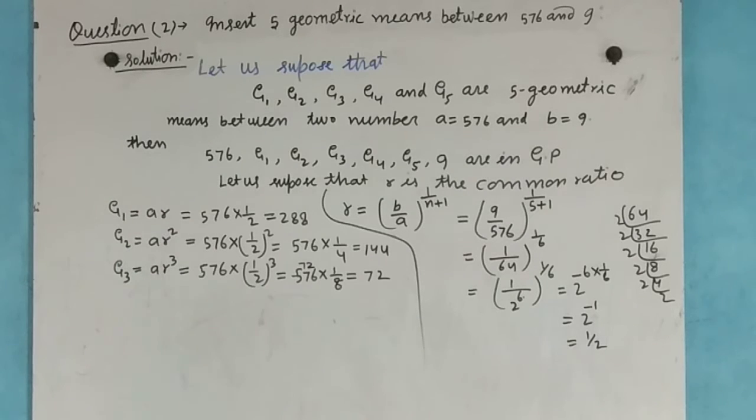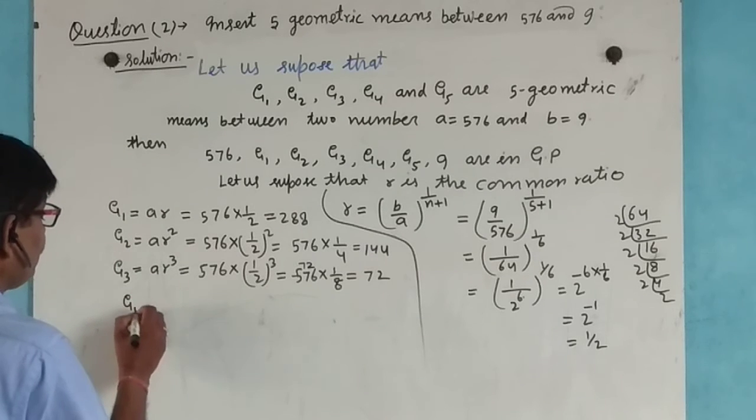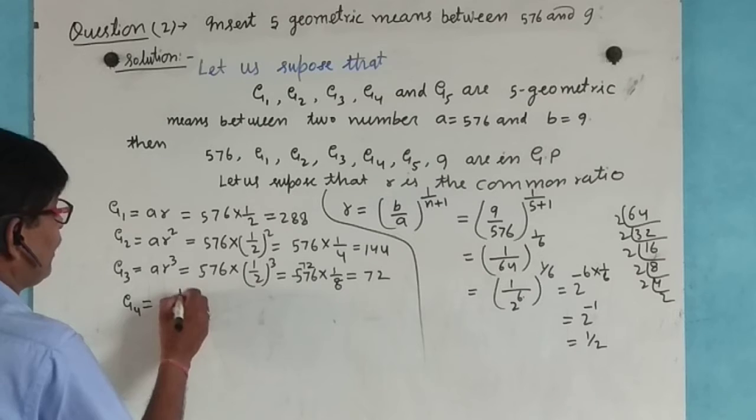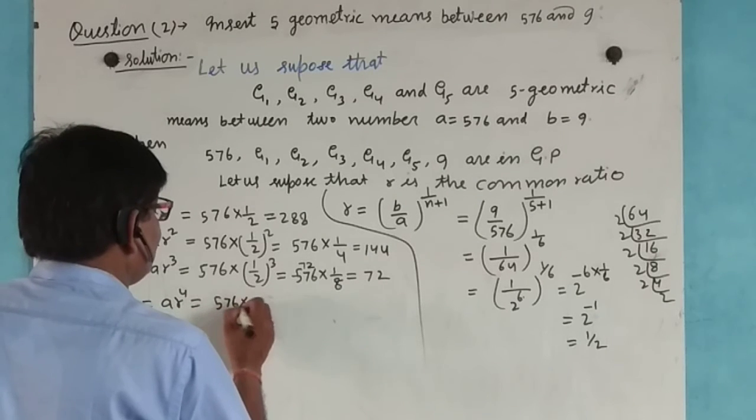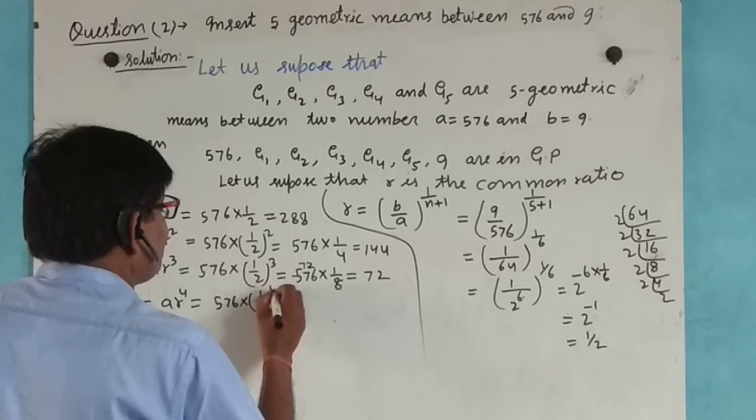Now G4 equal to ar to the power 4, that is 576 into 1 by 2 to the power 4.